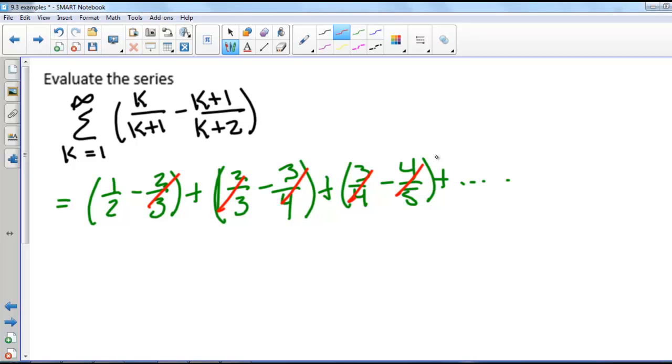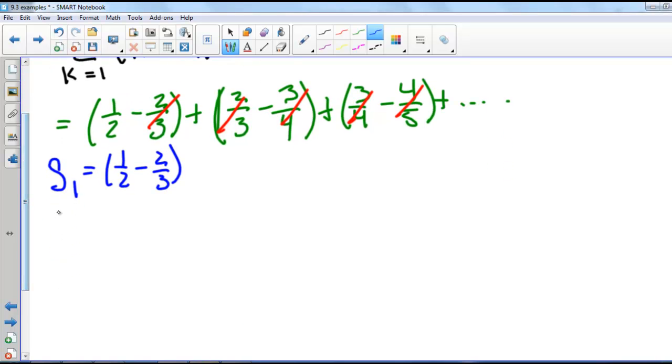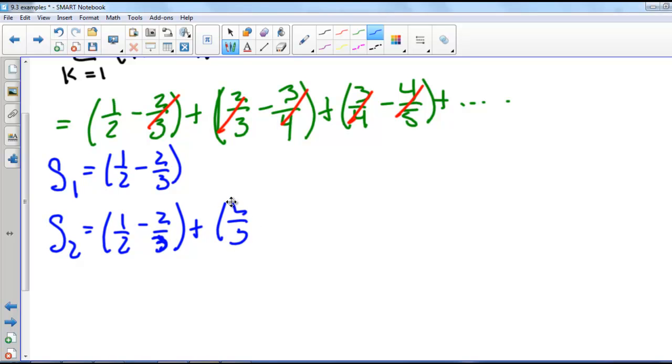We need to be careful, and we need to look more closely at our partial sums. So let's look at the first partial sum. The first partial sum is 1/2 minus 2/3. The second partial sum is 1/2 minus 2/3 plus 2/3 minus 3/4.